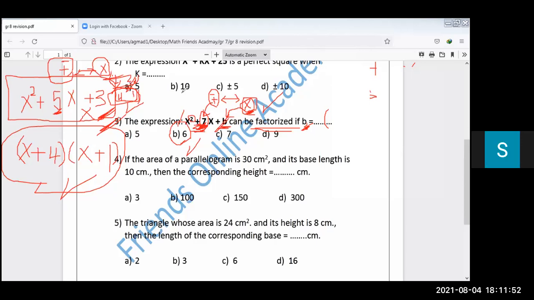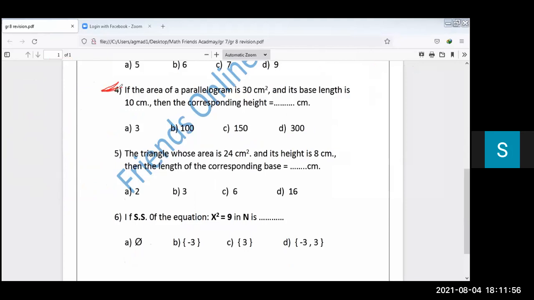Now, let's go to this geometry question. Who can read? Me, teacher. Okay, Anas, of course, dear.